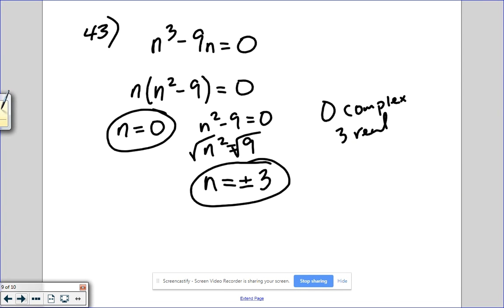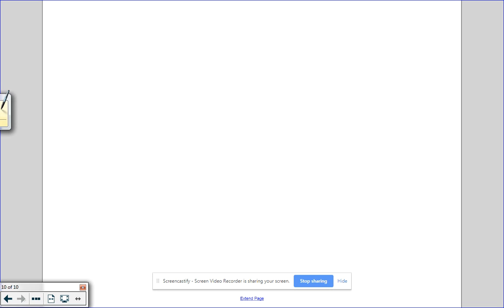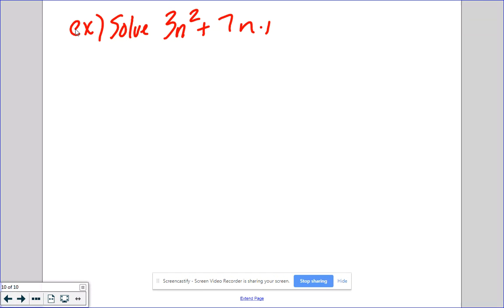So we did one example yesterday. We're going to start with a second example today. 3n squared plus 7n plus 7 equals 0.